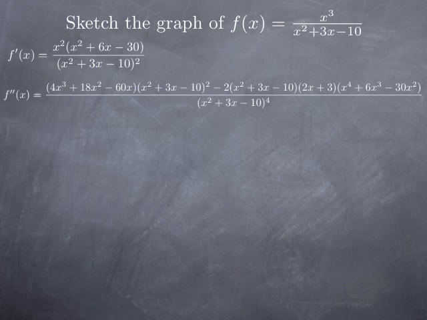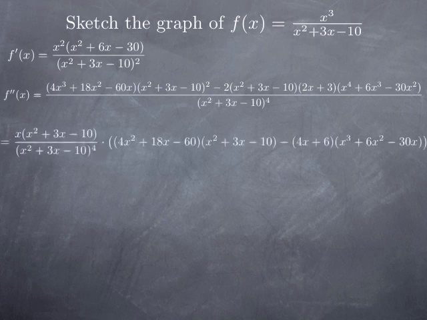In the first product, I have a factor x squared plus 3x minus 10, and so do I in the second product. So I'm going to be able to factor it out. Additionally, in the first factor of the first product, you see that I can factor out x. So can I out of the last factor of the second product. So I'm going to factor out both x and x squared plus 3x minus 10.